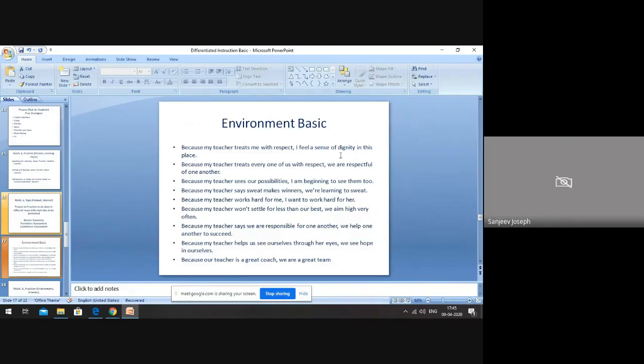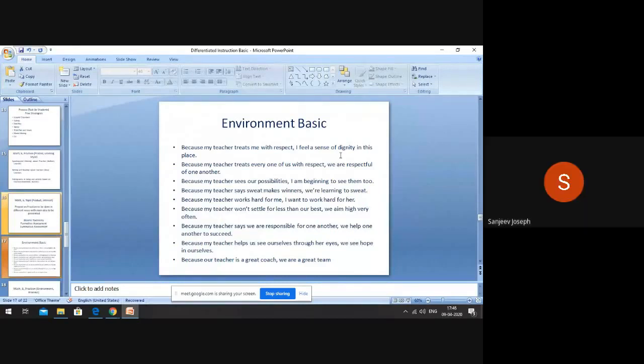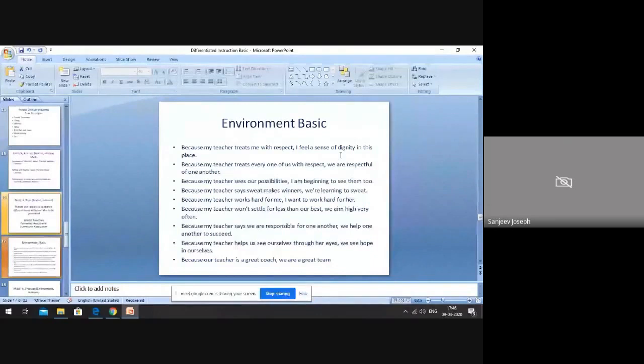We have to make not only the physical environment differentiated, but also there should be a thought of how we can have respect created in the classroom for whatever we are doing. That is why I go through this particular slide one by one, and it is very motivating for us and for the children, because my teacher treats every one of us with respect.